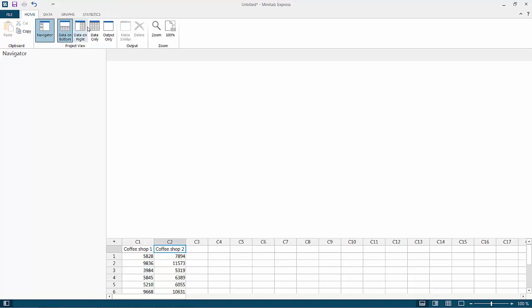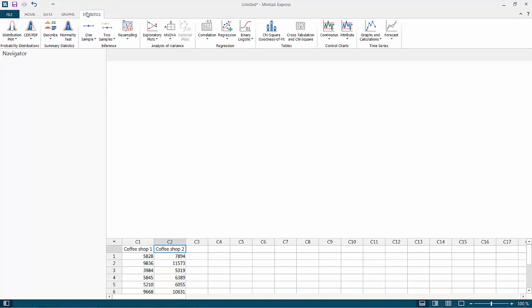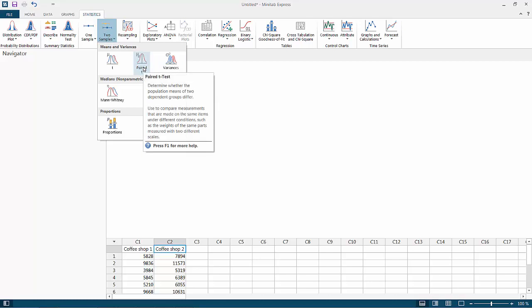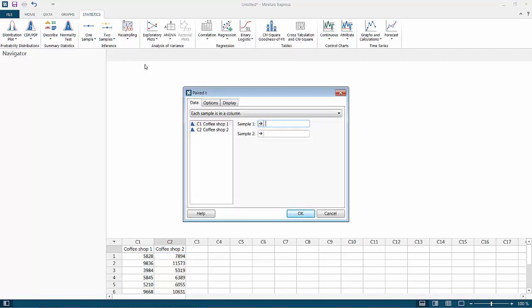Now we go to Statistics and then Two Samples. We are comparing two samples, that's why we are going to Two Samples, Paired T. So we are pairing them. Then it says each sample is in a column. For our problem, it's in a column. The other option is summarized difference. If you have summarized data, then you select that option.